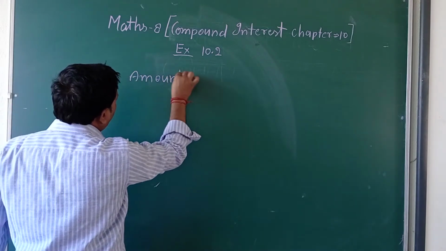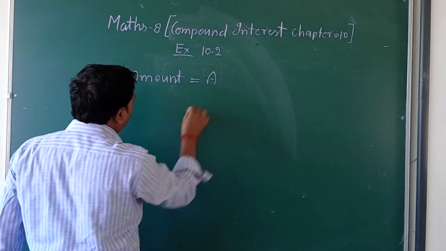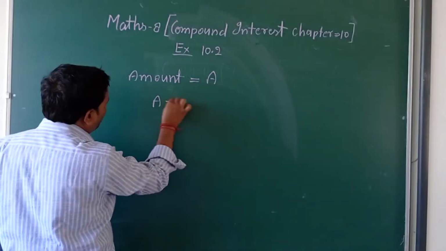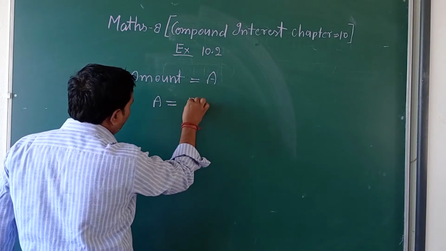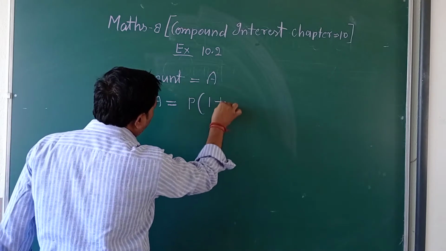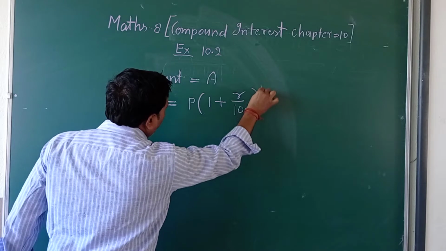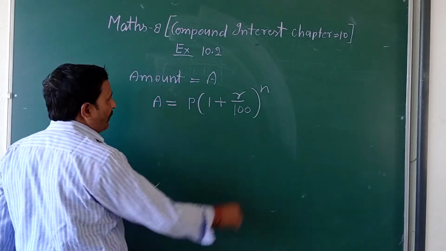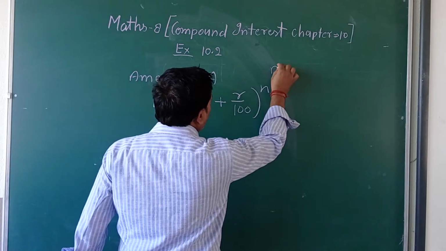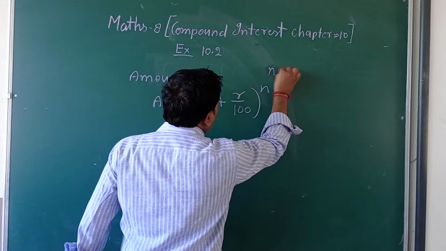amount A is equal to principal (1 + rate/100)^n. What is n? N represents here the time.